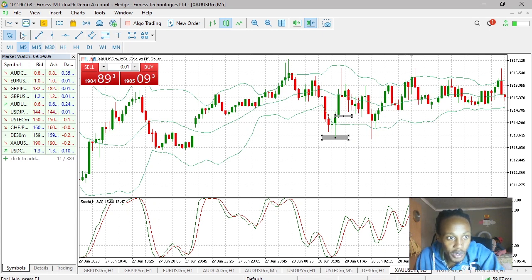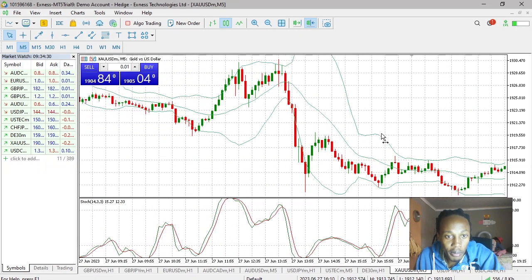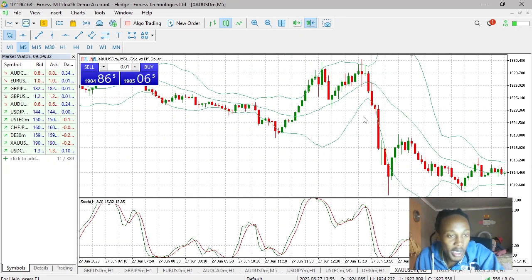This is your entry. So overall, where was your stop loss hit? It was hit over here with this candle. Then it went to the other side. So you can see it doesn't always work, but it works 80% of the time.